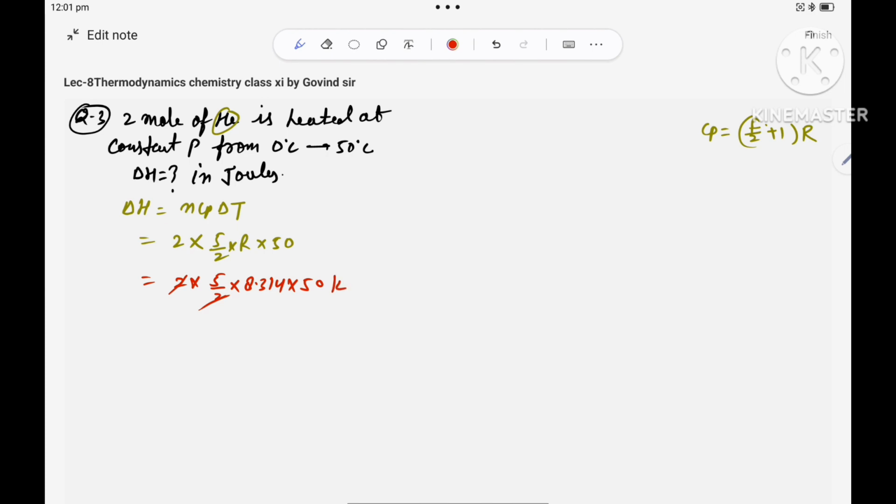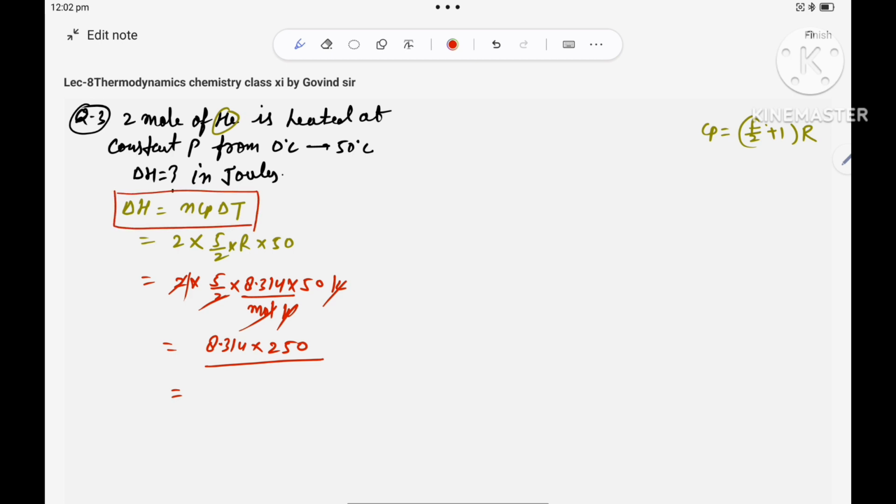It will be in Kelvin and this R value is in joule per mole Kelvin. So mole from here it will be cancelled, Kelvin here it will be cancelled. So it will be 8.314 into 5, 5 fives are 25, 250. So whatever the answer you can calculate. That is the use of this formula.